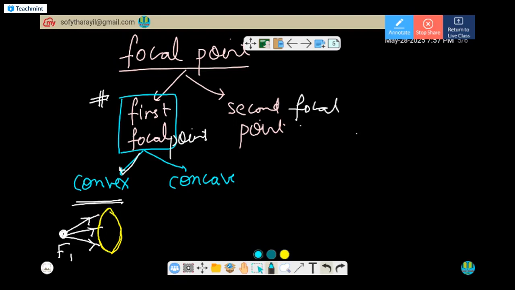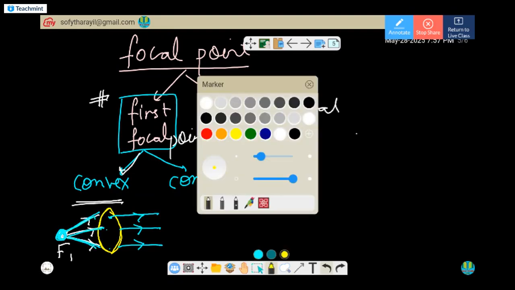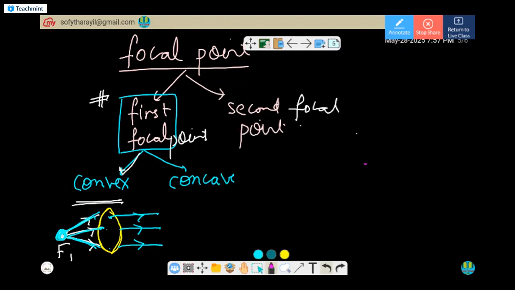After getting refracted, these lines will all start going straight. They came from this point, all coming out at different angles, but after refraction you will notice that all these have become parallel to each other.